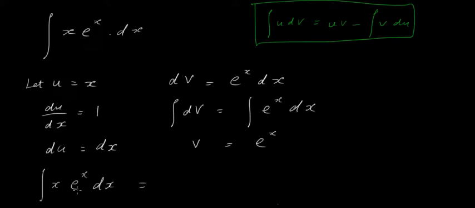So we want u times v. Well, u is x, so we write down x, and v is e to the power of x, so that's e to the power of x. We've got our minus here, and then we want the integral of v. Well, v is e to the power of x, so we want the integral of e to the power of x dx.